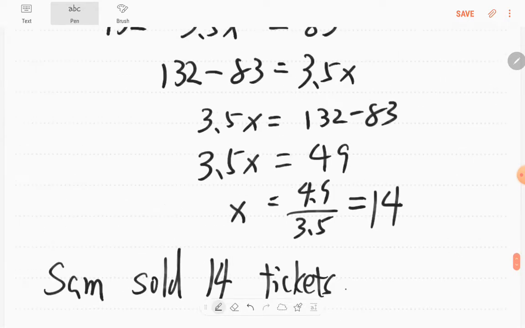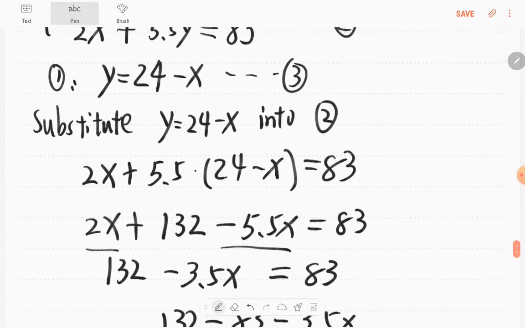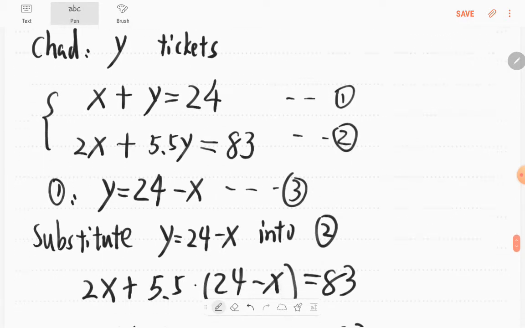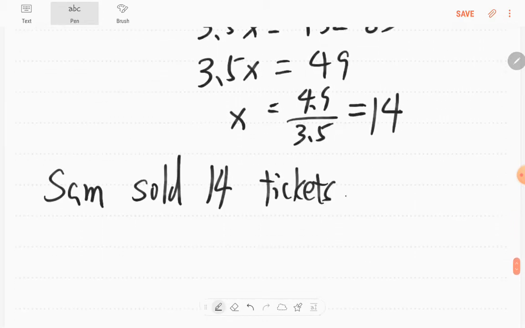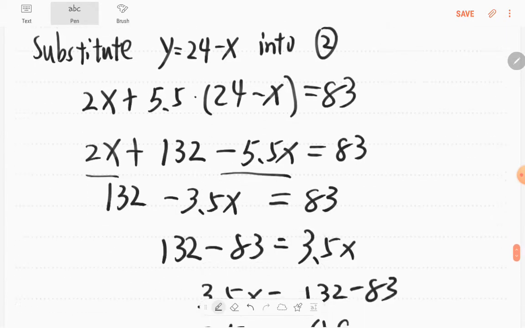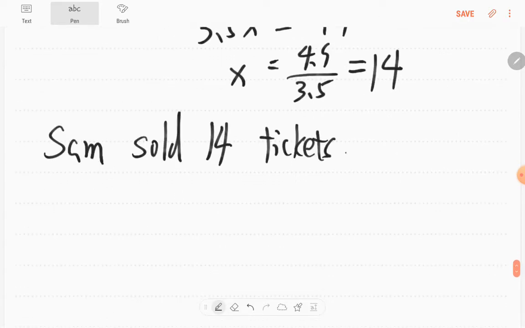Since the problem asks how many tickets Sam sold, you just solve for x. If it also asks how many tickets Chad sold, you need to get the y value, right? So x equals 14, you can plug x equals 14 into the first equation. You will see y equals 10, right? So this is one example.